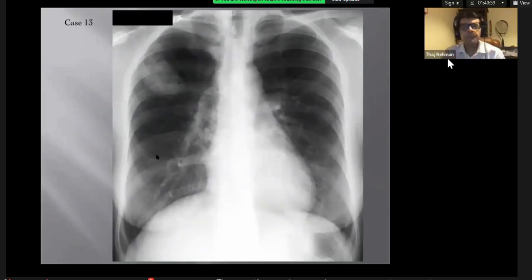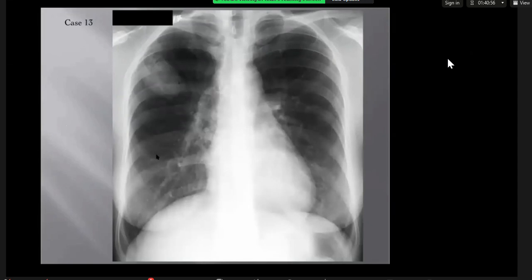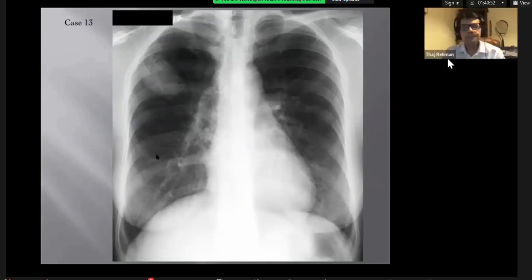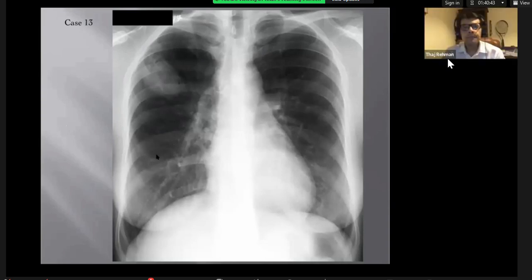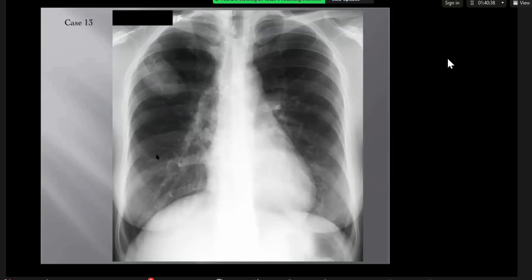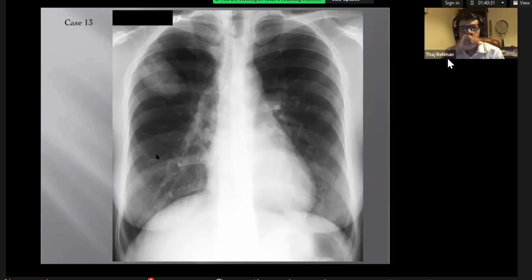Yeah. So next one. It's a large mass of high density projected over the right upper zone. It's a bit hazy, but I think the underlying rib is abnormal. You can ignore that.